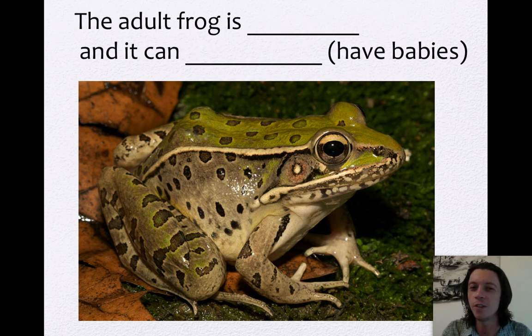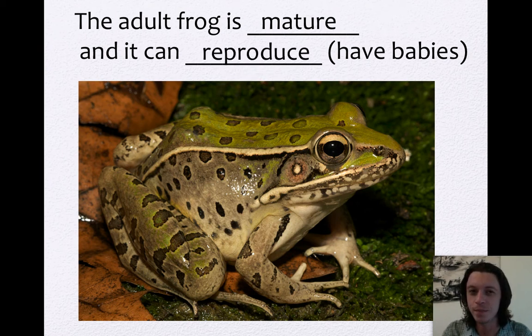The adult frog is mature, and it can have babies. We call that reproduce. So, all together, the adult frog is mature, and it can reproduce, have babies.